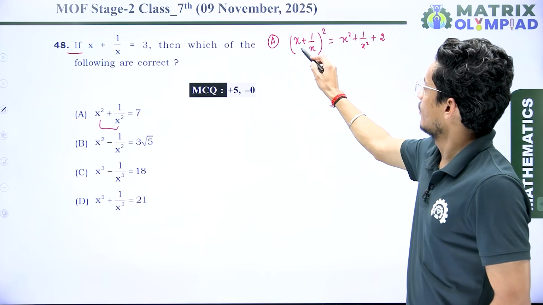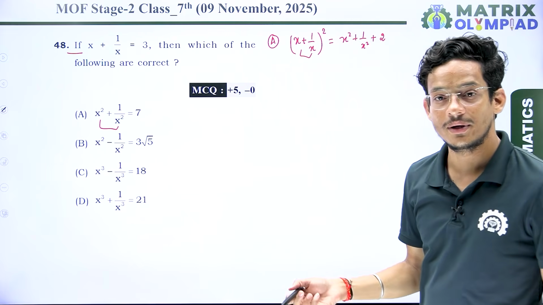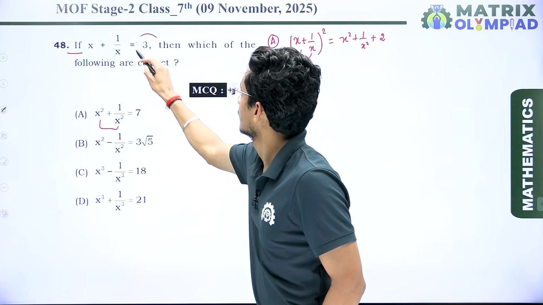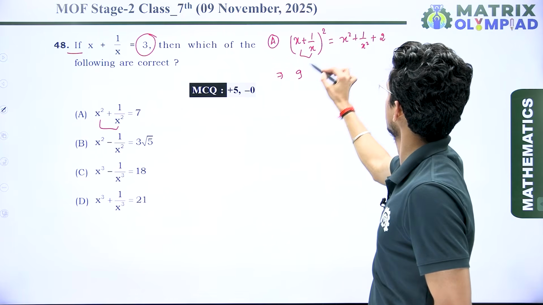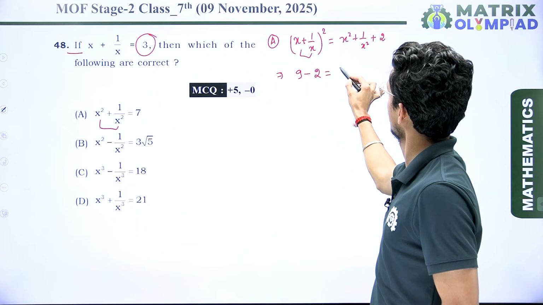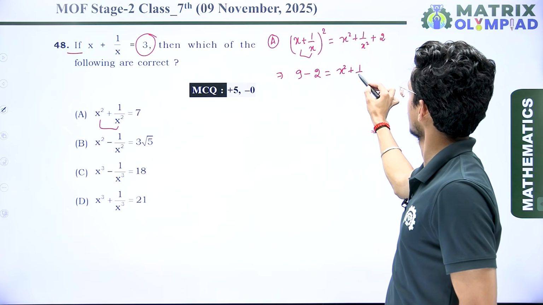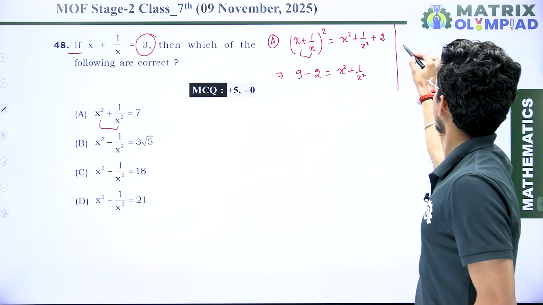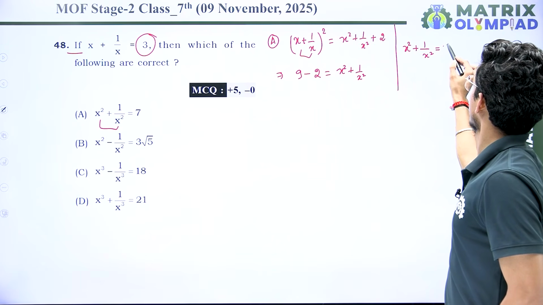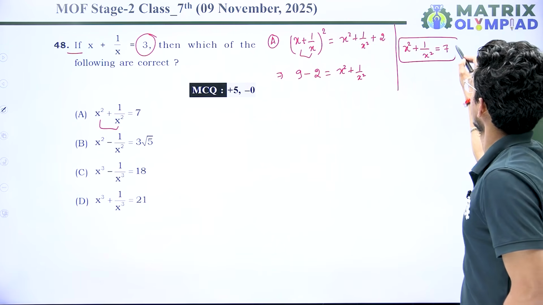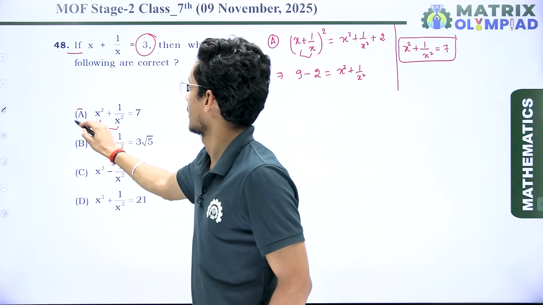Okay, so the value of x plus 1 upon x, which is already given, that is 3. So I can write here the square of 3, that is 9. And we transfer here, so here we get minus 2, which is equal to x square plus 1 upon x square. So we know x square plus 1 upon x square is equal to 7. It means this is the correct.